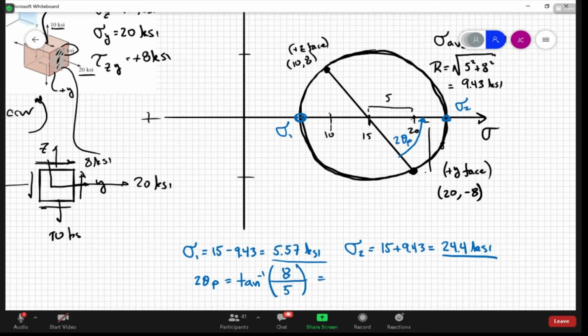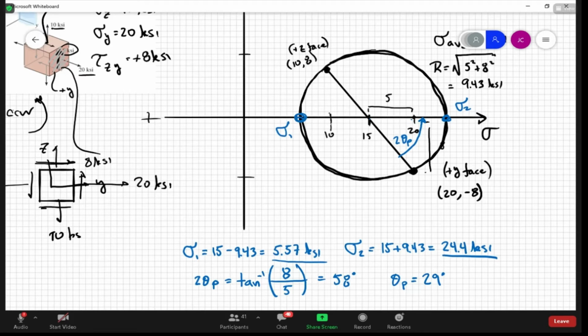Where's my inverse tangent function? Here. All right, that is 58 degrees. If I take half of that, theta P is 29 degrees. And this is a rotation. Remember, you can't use degrees for shear strain, but for rotation you can use degrees.